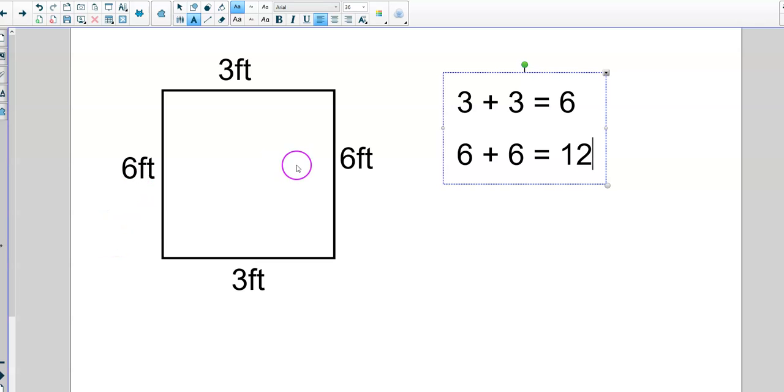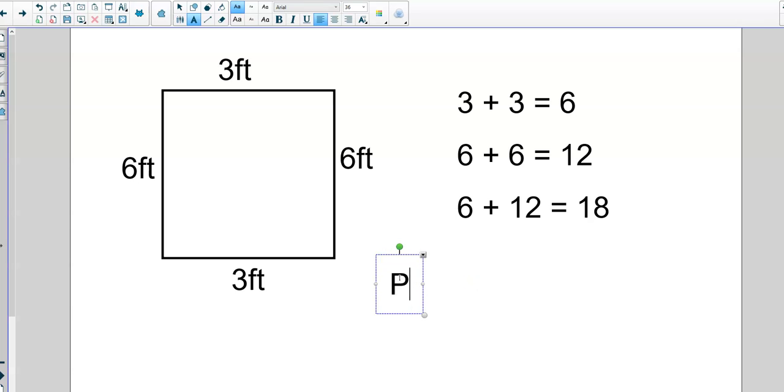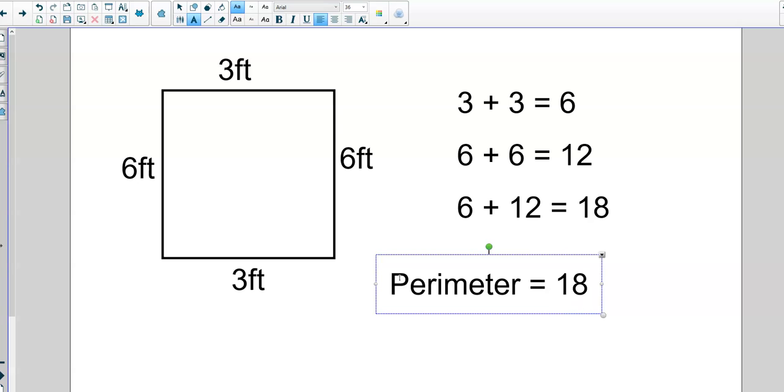Now I'm not done. My last step is to add together these two subtotals. So I'm going to add together 6 plus 12, and I would get a total of 18. So that means that my perimeter is equal to 18 feet.